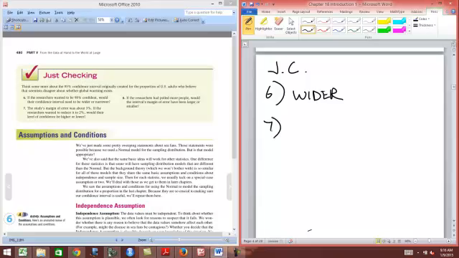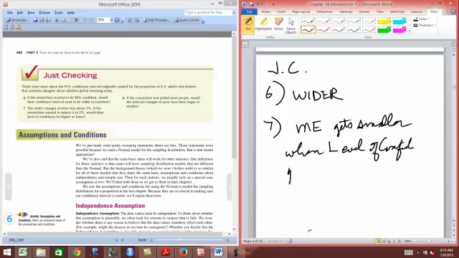7. The study's margin of error is about 3%. If the researchers wanted to reduce it to 2%, would their level of confidence be higher or lower? The margin of error gets smaller when level of confidence gets smaller.